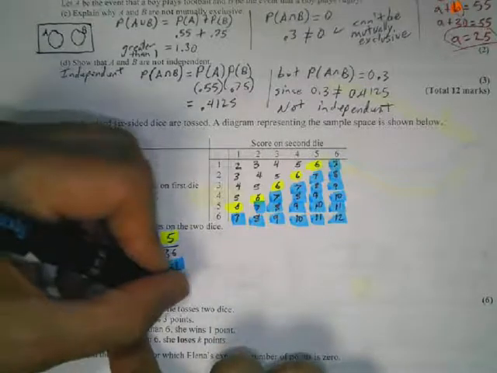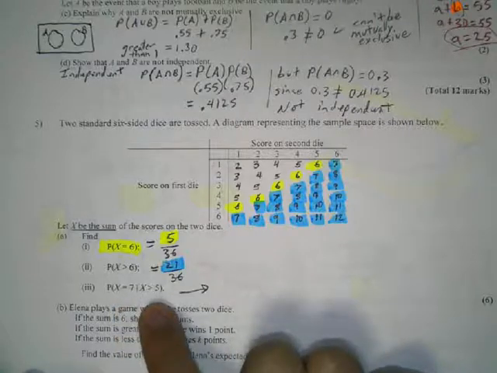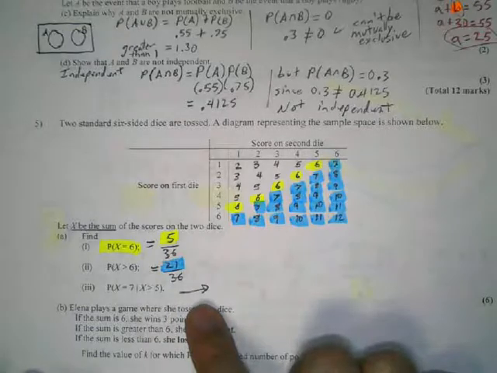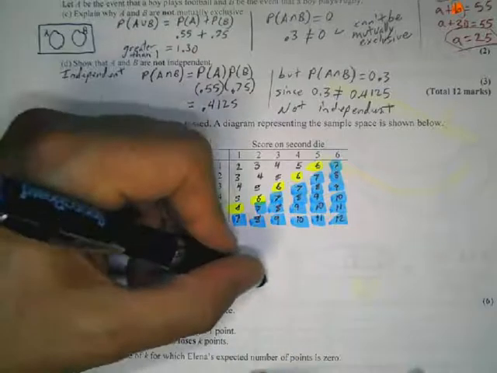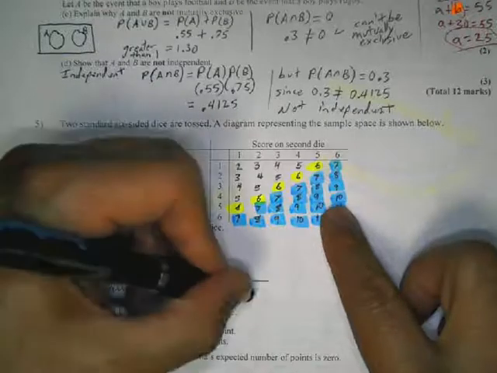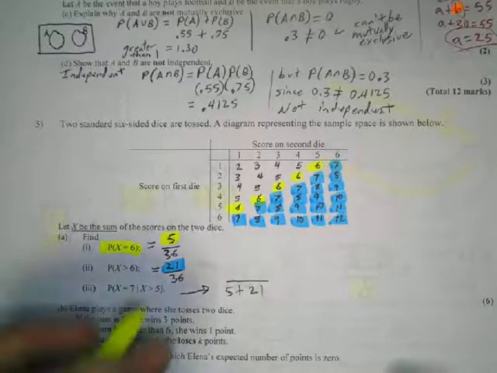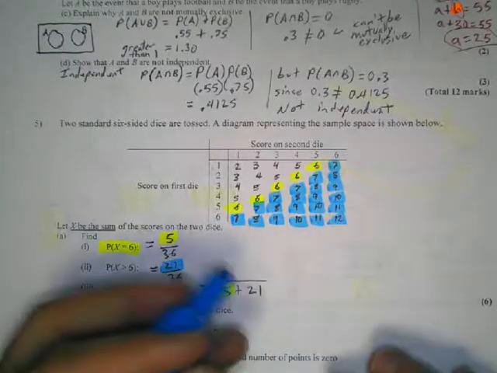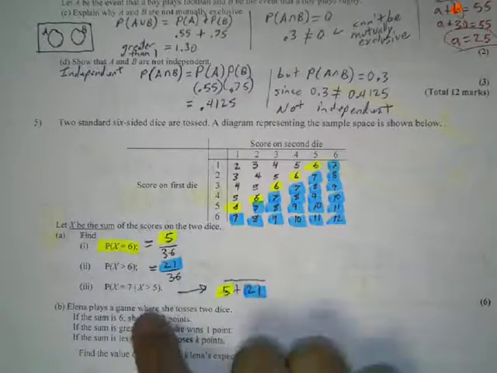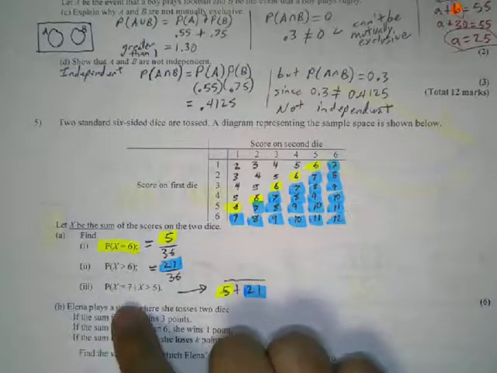Last one here. What's the probability that it equals 7 given that it's greater than 5? So greater than 5 is anything that's yellow and blue. So the denominator is going to be the 5 plus the 21, right? Because the yellow ones and the blue ones are all greater than 5. So given that it's greater than 5, the probability that it equals 7.